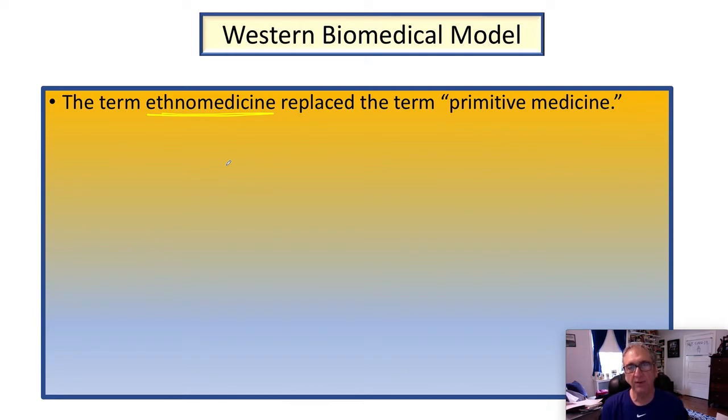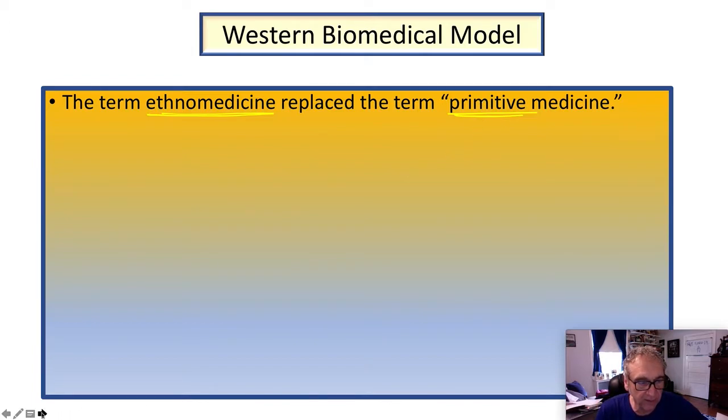This is a model, as we're going to see, that's based on science and technology. So in other words, there was medicine, and what Westerners had was real medicine, and what everybody else had was primitive medicine.